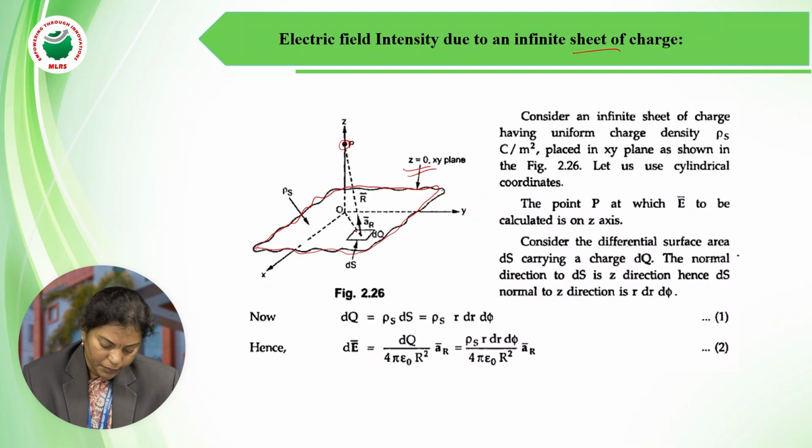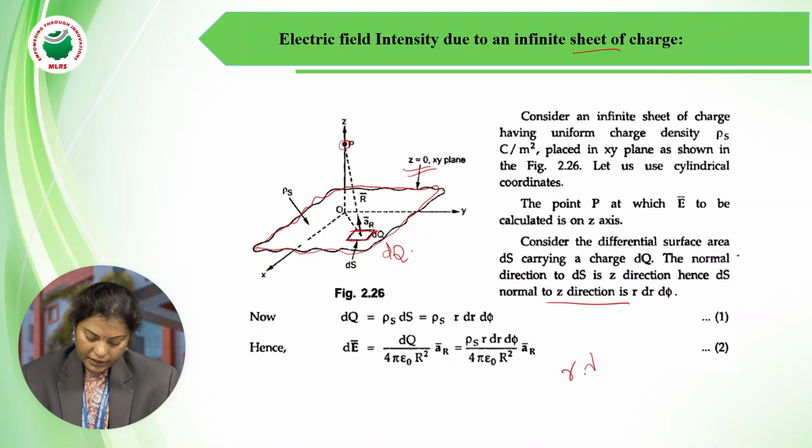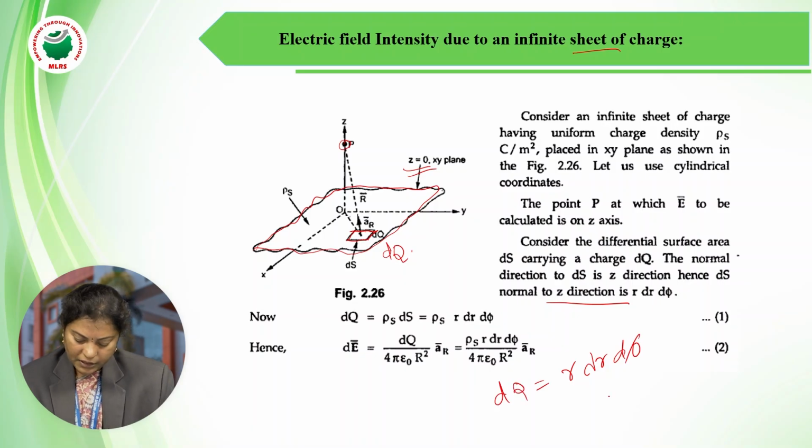For that I am assuming one differential surface area ds, and it is carrying differential charge dq. As we know, that is nothing but r into dr into d phi.